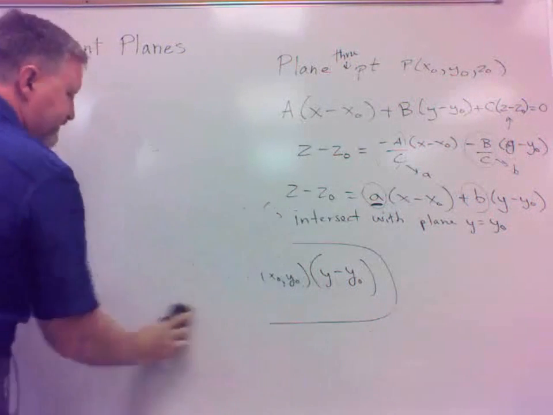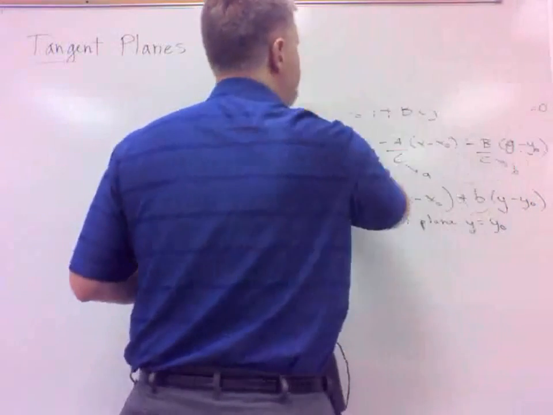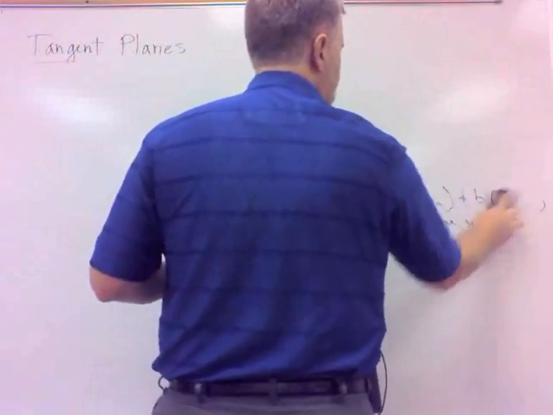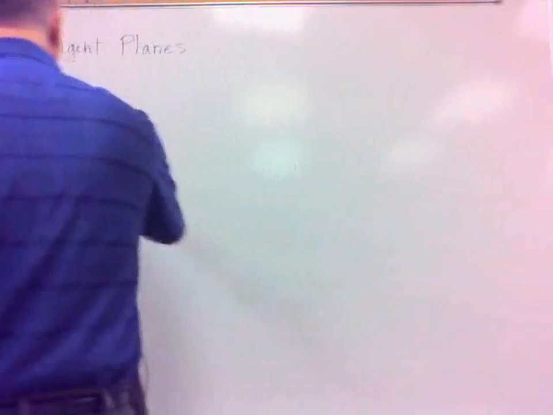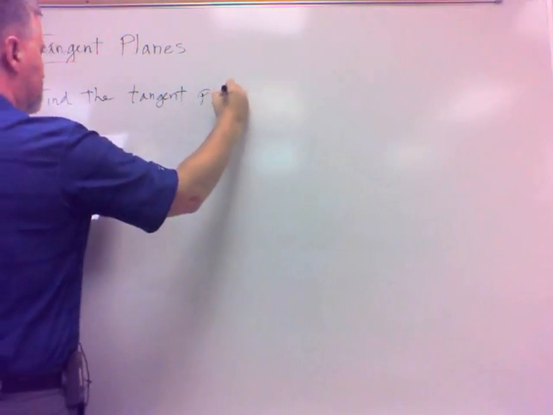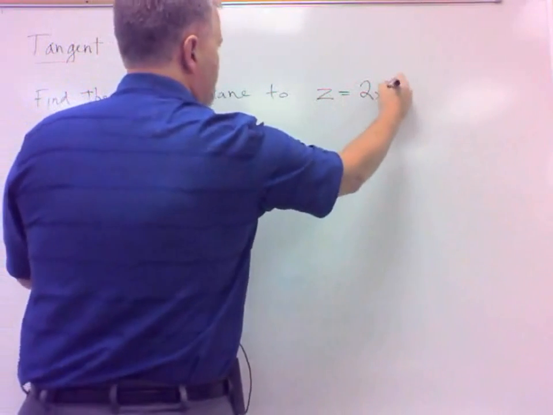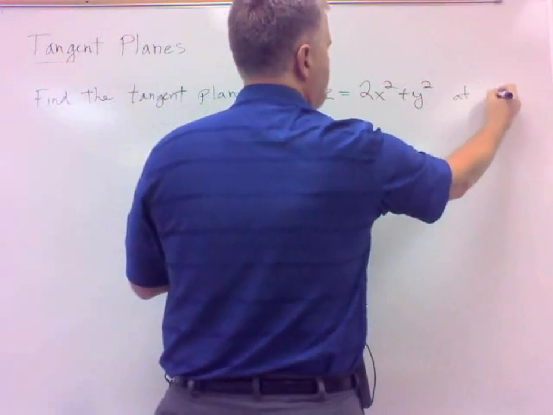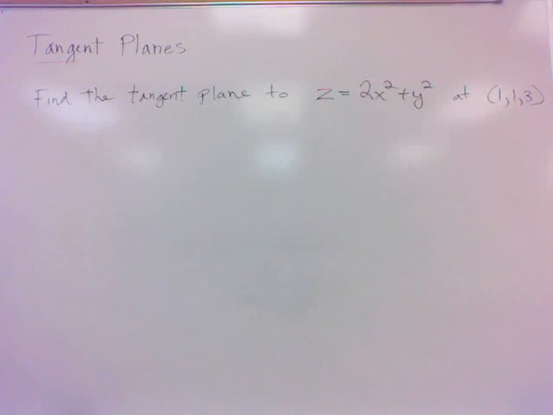So let's do one here. Let's find the tangent plane to z equals 2x squared plus y squared at the point 1, 1, 3. Okay?